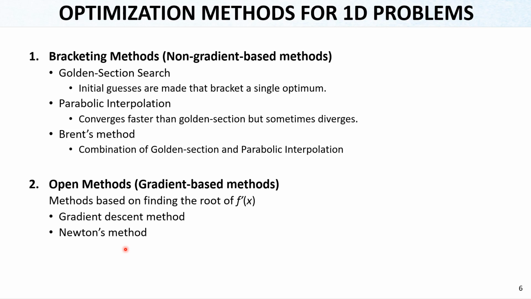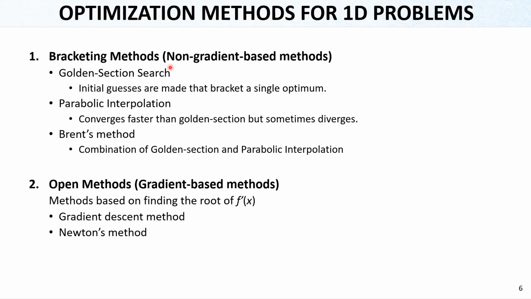Those kinds of methods are called gradient-based methods, or derivative-based methods. These are open methods in the root finding process, which are gradient descent and also Newton's method that we saw in root finding as well. Basically, we find the root of the derivative of the function.